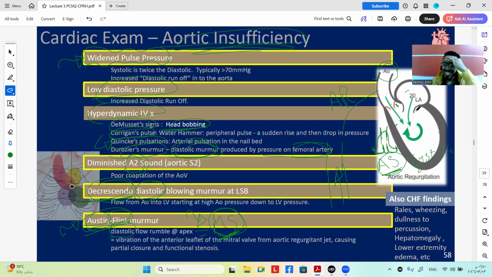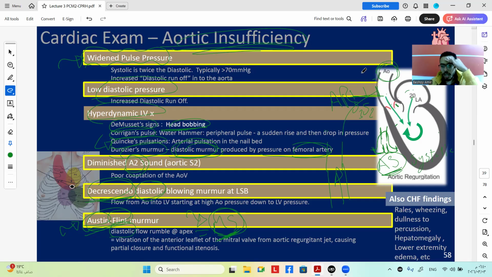So in aortic regurg, systole would be very fine. So S1 and S2 would be very fine. After S2, in the diastole, I would be having regurgitant fluid from the aorta to the left ventricle.